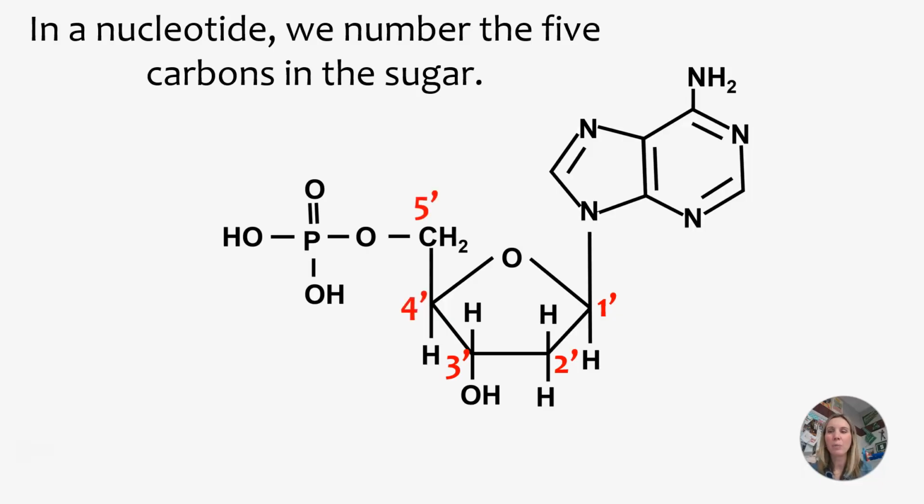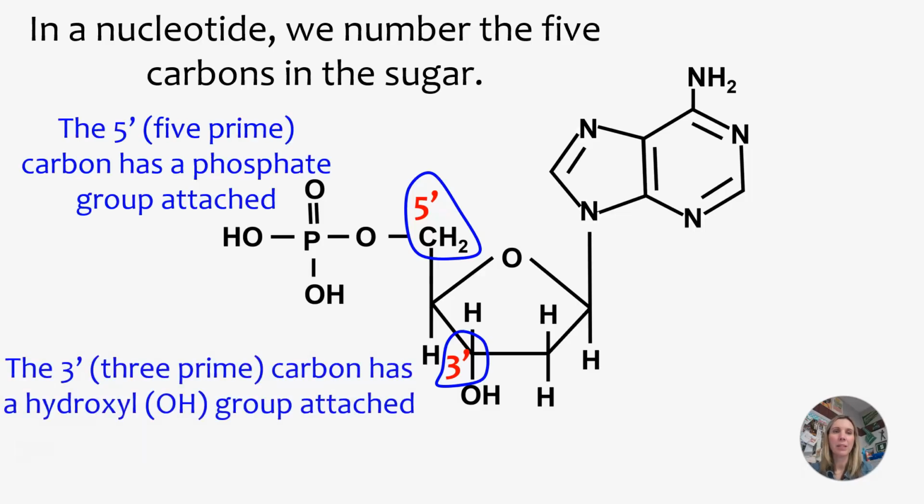And remember, at each of those points on our sugar is a hidden carbon that we're not showing in the diagram. So as we go around, we can see that the 5 carbon is on top and the 3 carbon is on the bottom. A way to remember which carbon is the 5' carbon, that's the one that has the phosphorus attached to it.